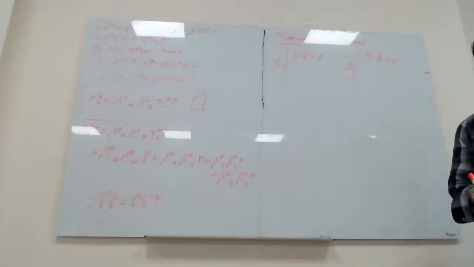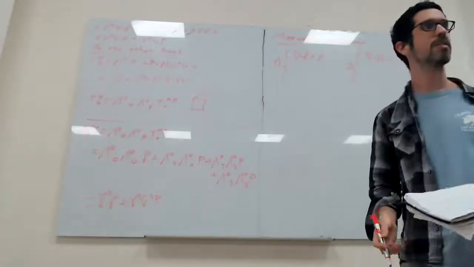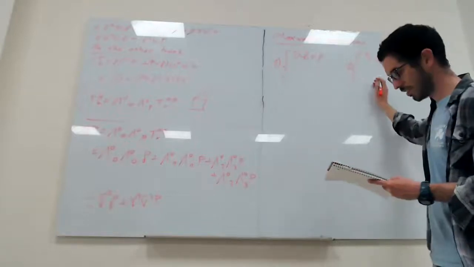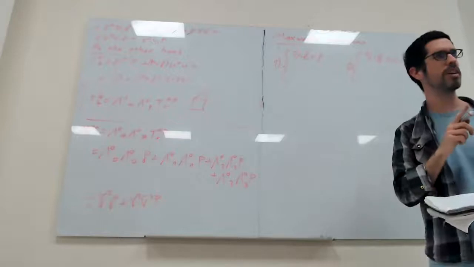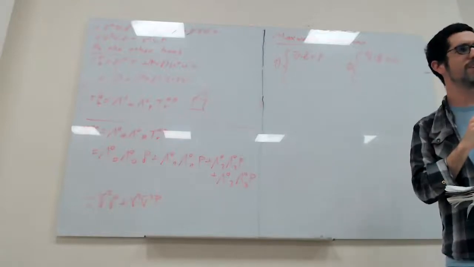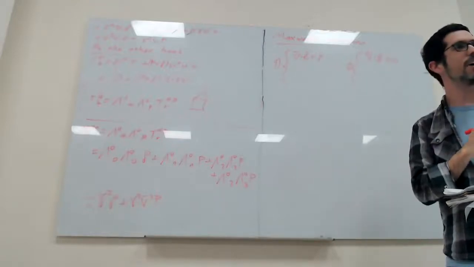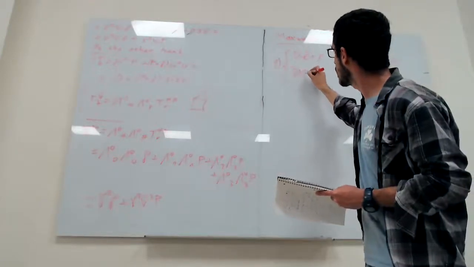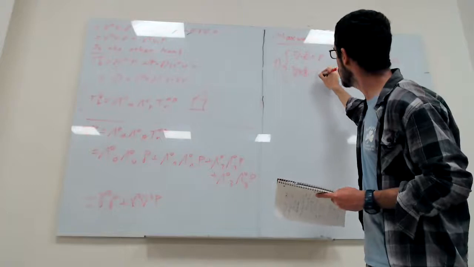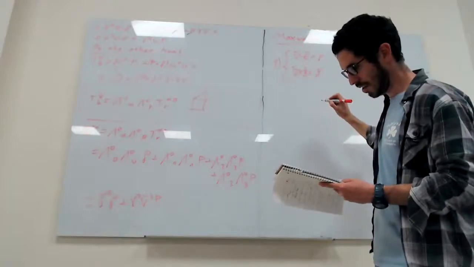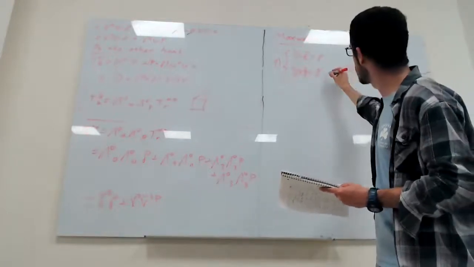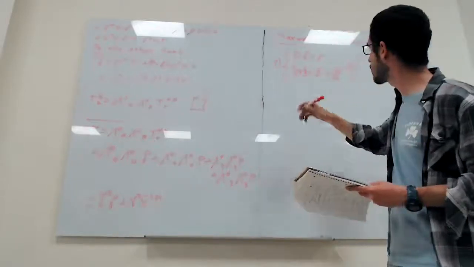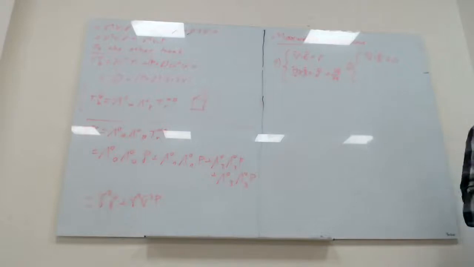Del cross B equals mu naught J plus mu naught epsilon naught dE by dt, up to units.